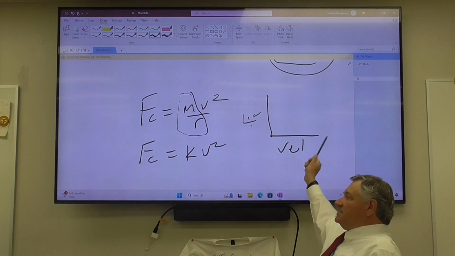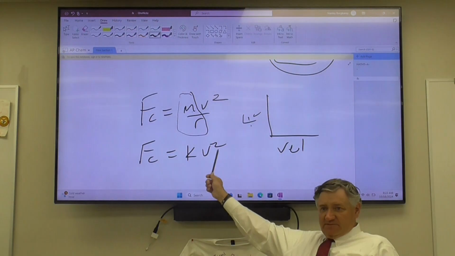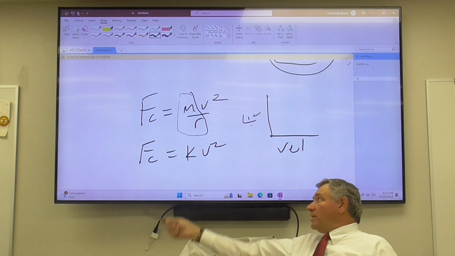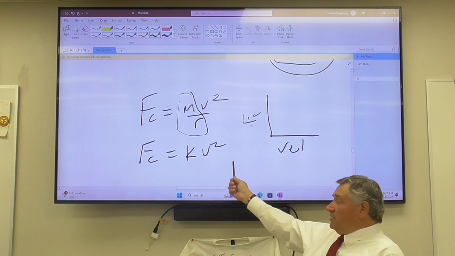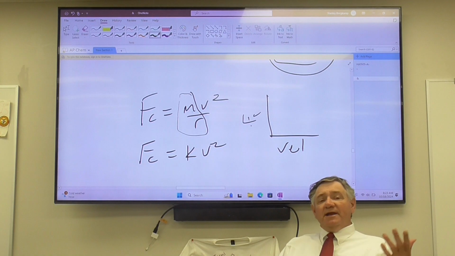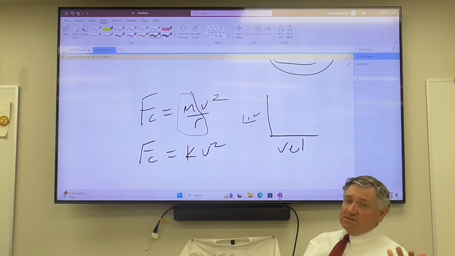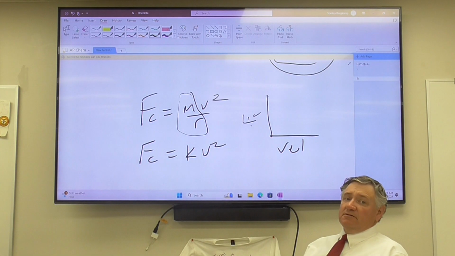As v gets bigger, what has to happen to your centripetal force? Preston. Increase? Yeah, because both sides have to remain equal. Now, are they going to increase on a 1-to-1 ratio? No. Why? Because of v squared.